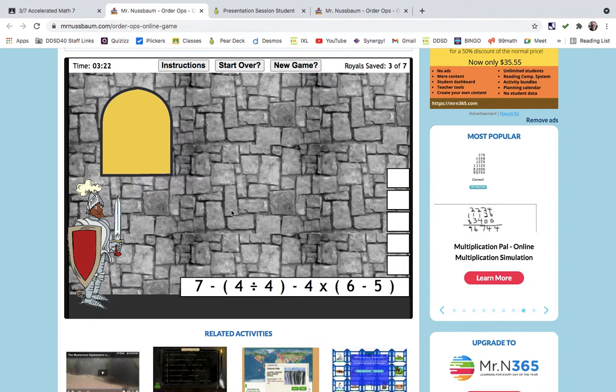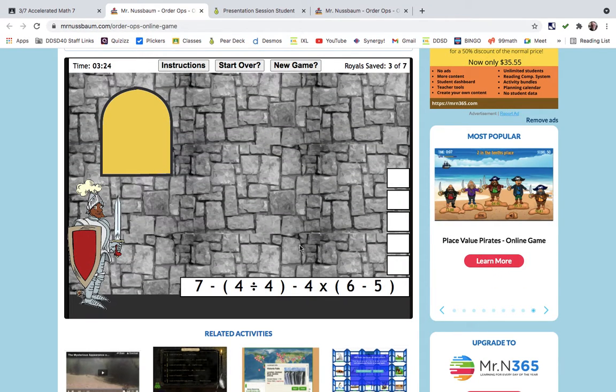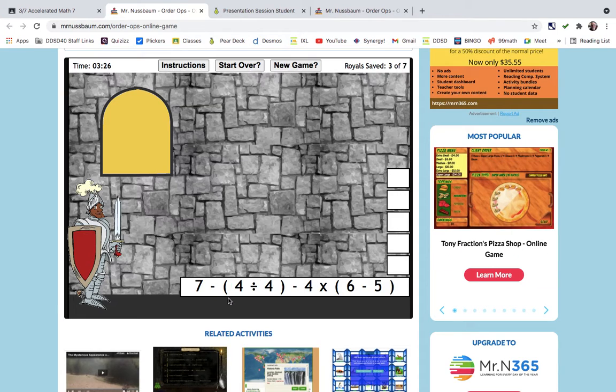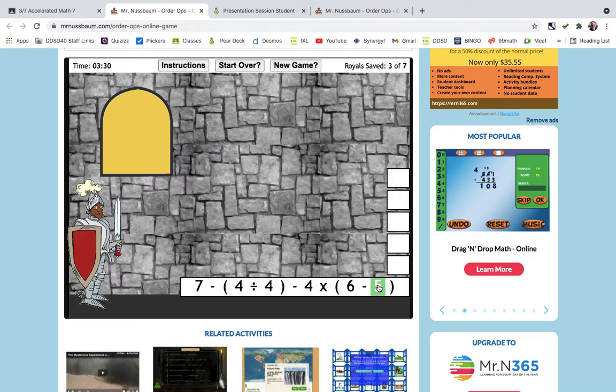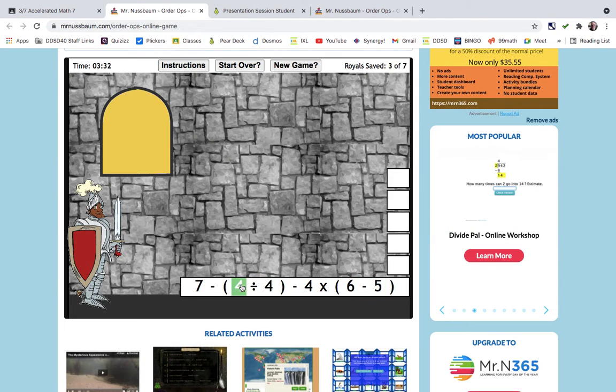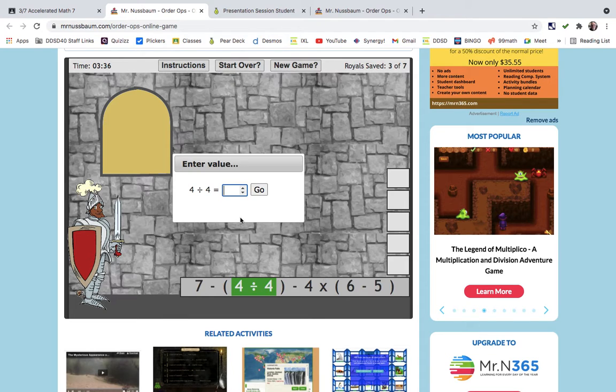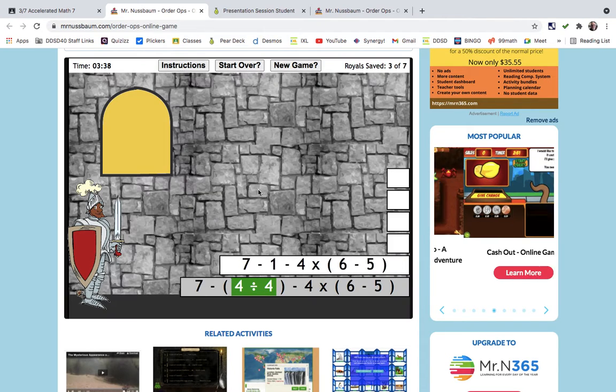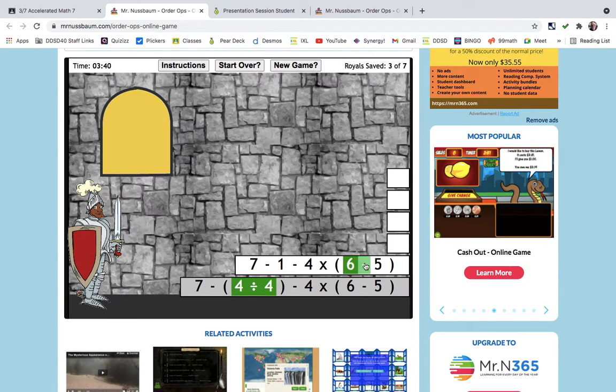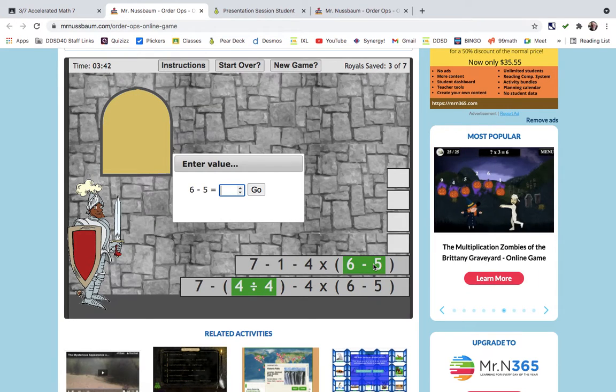Oh, this is a good one. All right, so I'm going to do what's in parentheses, and it doesn't really matter if I do these parentheses on the right or these. I'm going to do these first just to go left to right. 4 divided by 4 is 1. And now I have to do these parentheses. 6 minus 5 is 1.